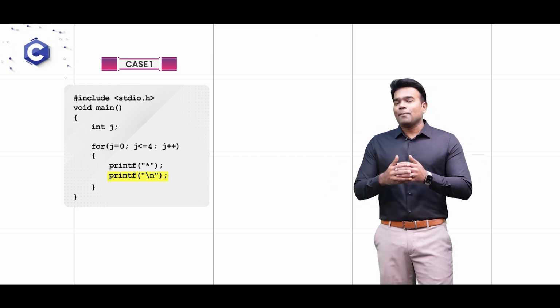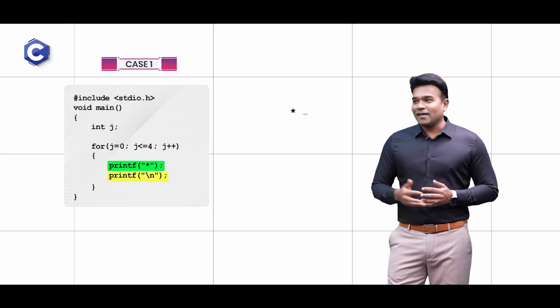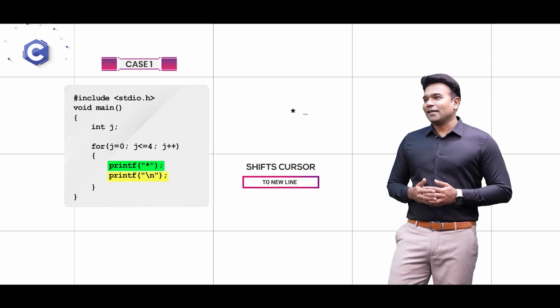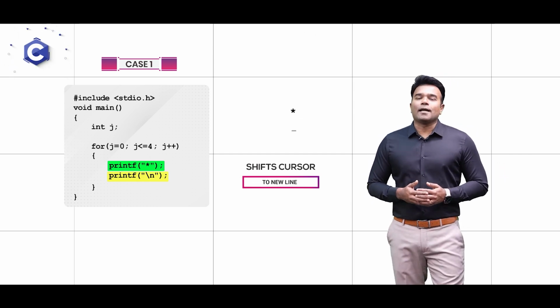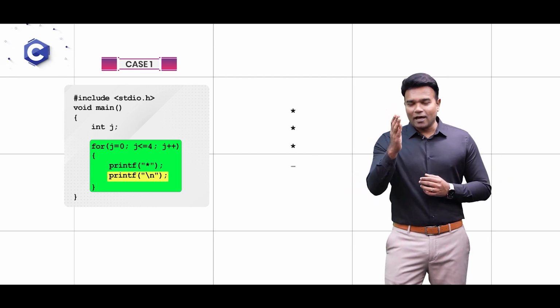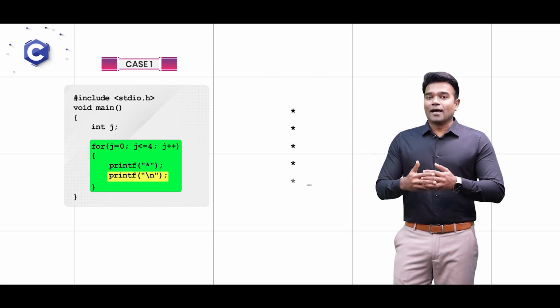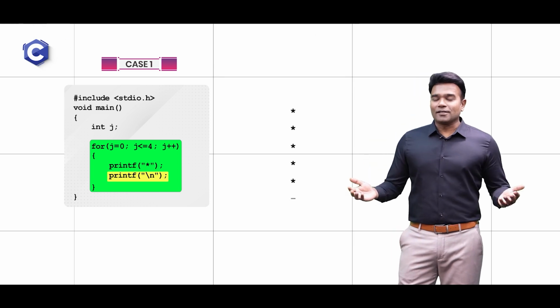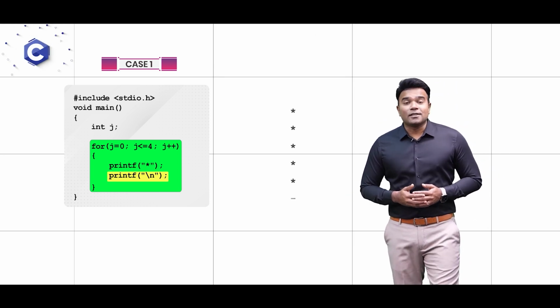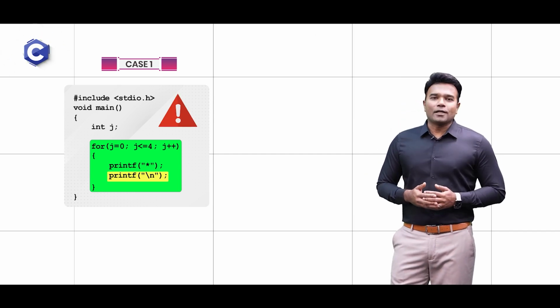Obviously, the print command is going to print the star, and the printf("\n") command present just below it will take the cursor to the new line, which means that the loop is going to be printing a vertical line of stars. After all, in my previous session, I have had a detailed discussion on this, and definitely printing a vertical line of stars is not what we want this time. So this definitely is ruled out.